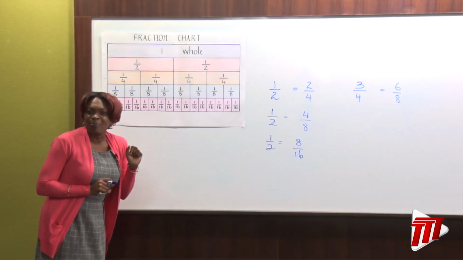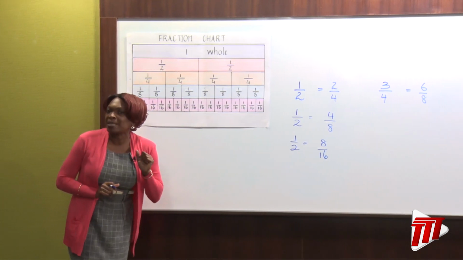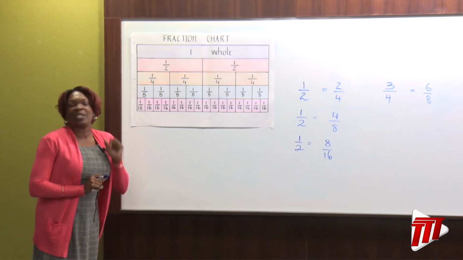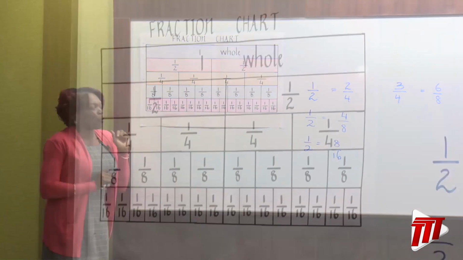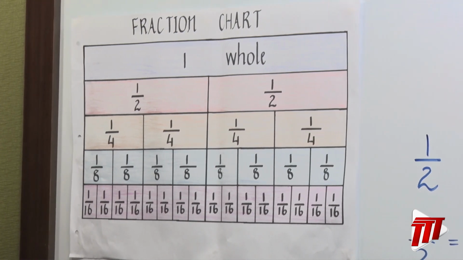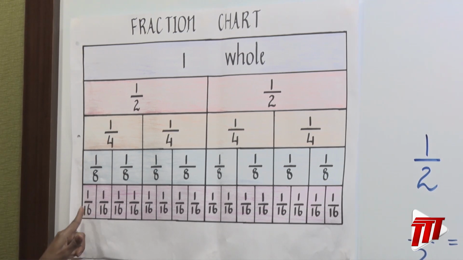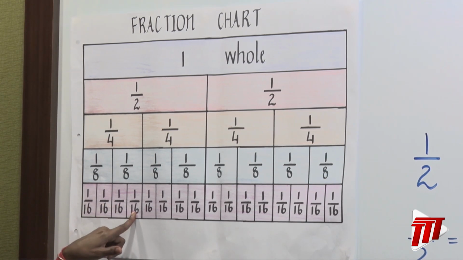Might I challenge you? What if we do it in the reverse? What if I were to ask you to identify 4/16 and to see how many eighths there are? Do you know that you can go up and down the fraction board, or the fraction chart in this case? Let's try it. Let's get 4/16. 1, 2, 3, 4.